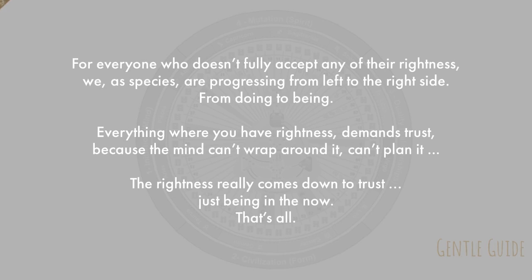Everything that is right demands trust, because the mind can't wrap around it, can't plan it. The rightness really comes down to trust, not being active, just being in the now, to bring in all the awareness, and that's all. That's really all.